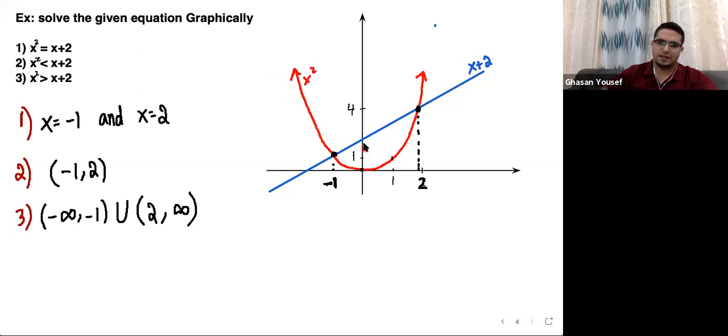Or you can say the blue curve is above the red curve starting from -1 to 2.